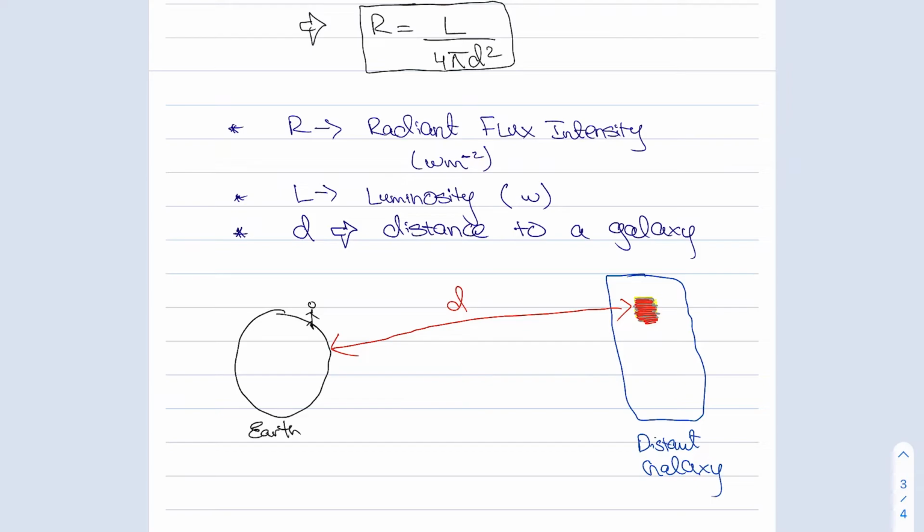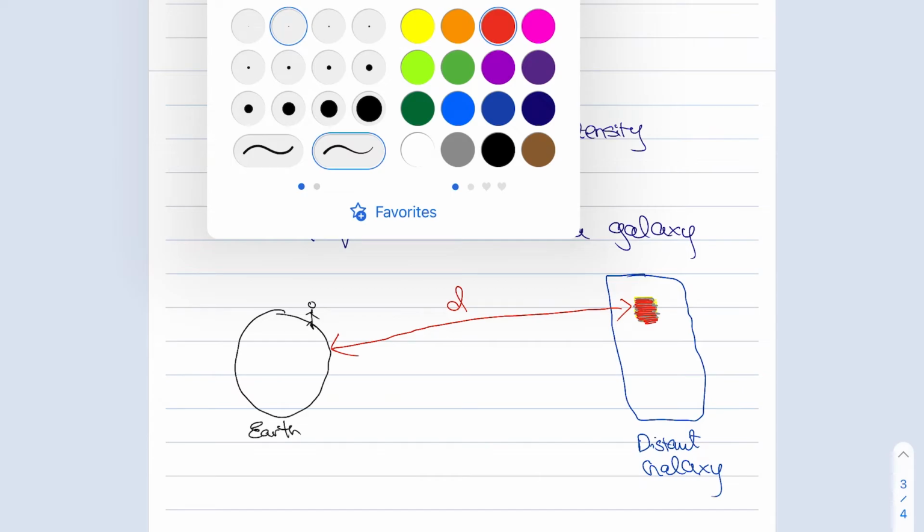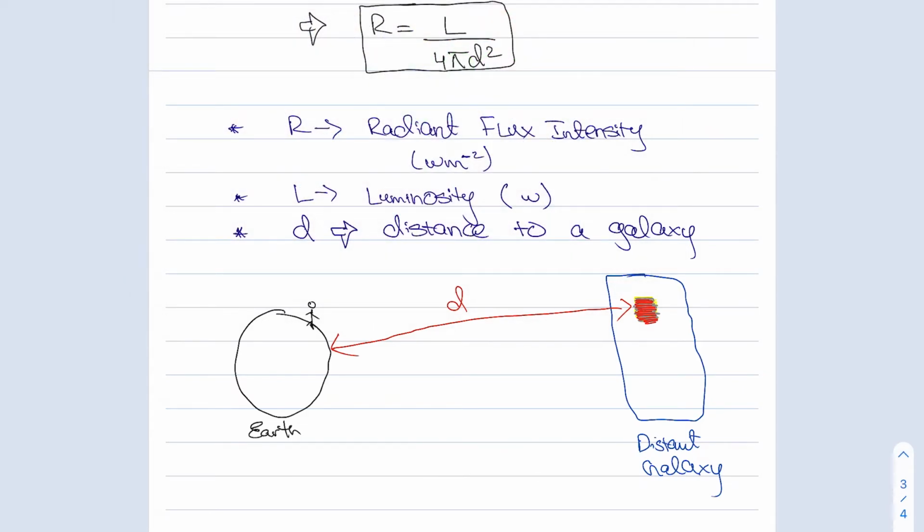And please note that this is just general knowledge, but it's good to know that radiant flux intensity can be found using a telescope or a device called a charge coupled device. A short form for this would be CCD. This is not in the syllabus, but it's good to know, so I'll just write it in case you want to remember it.